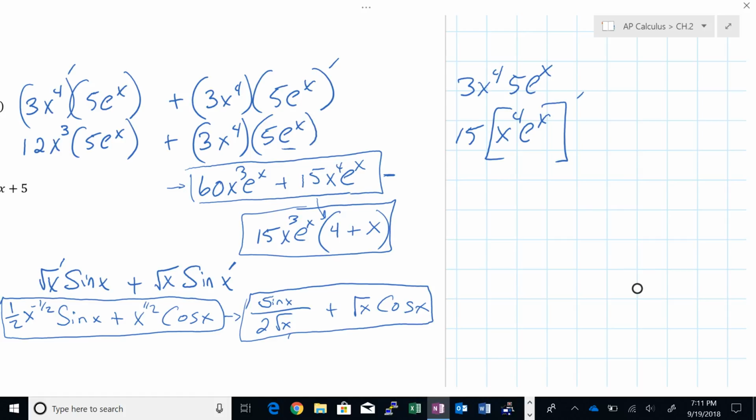Let's do it quickly here. 4x cubed e to the x plus x to the 4th e to the x times 15. And then you could pull out 4x cubed e to the x. You absolutely could pull the 15 out first and ignore it. Okay? Good eye.